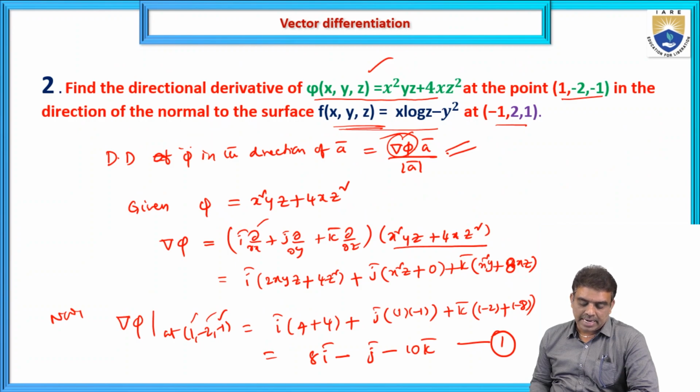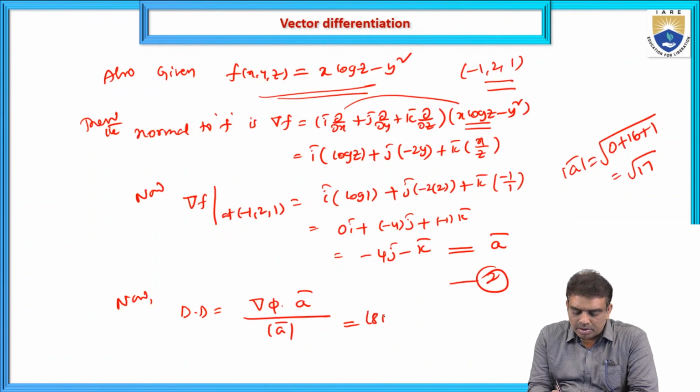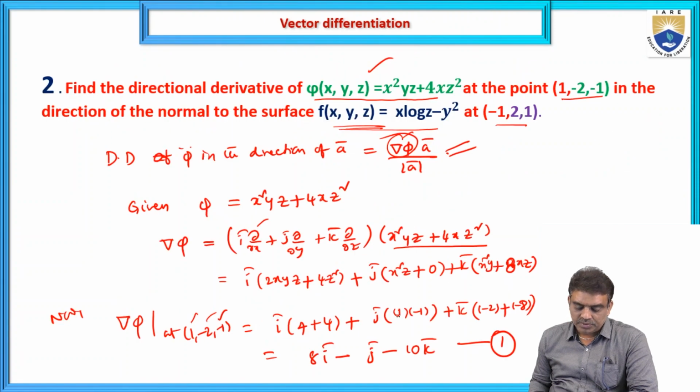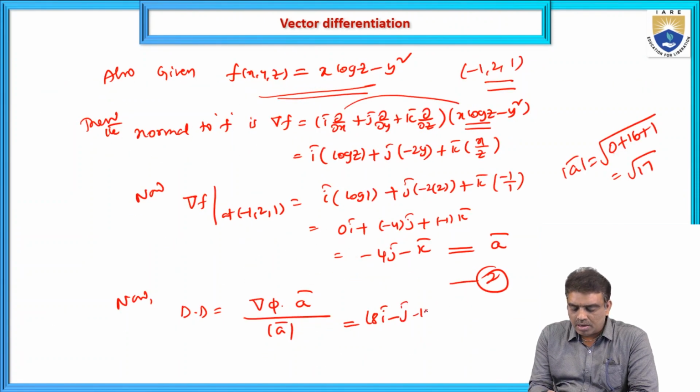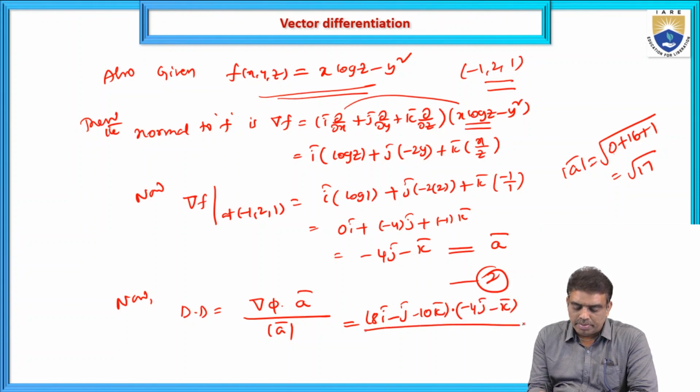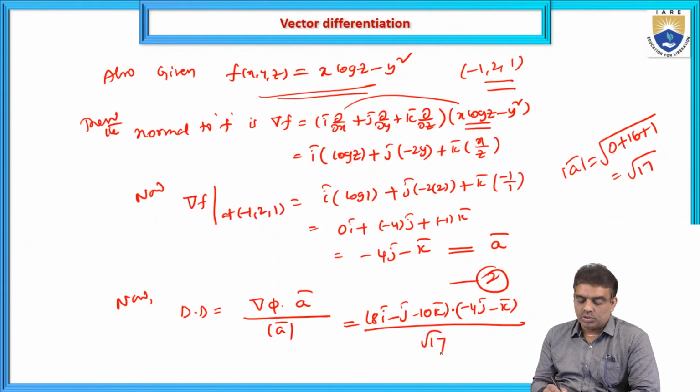So what is grad φ dot a̅? Grad φ is 8i̅ − j̅ − 10k̅, dot product with −4j̅ − k̅, divided by the magnitude of a̅, that is root 17.